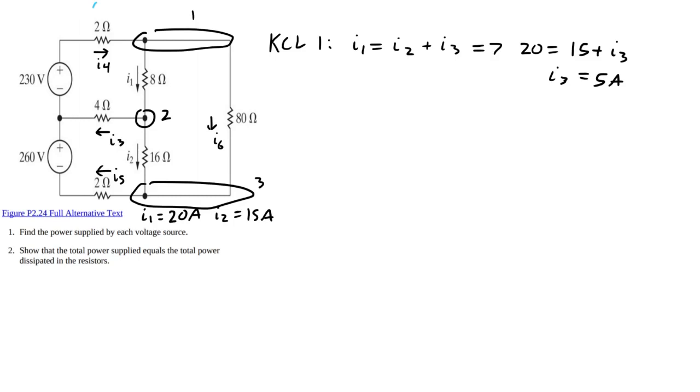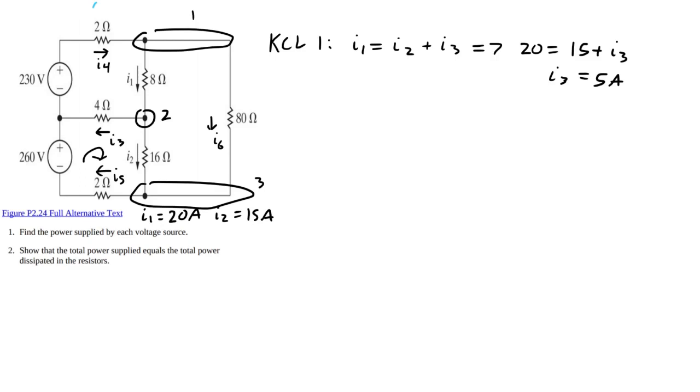So let's do a KVL for this loop. I'm going to try and find out what I5 is. Or not. Not that one.